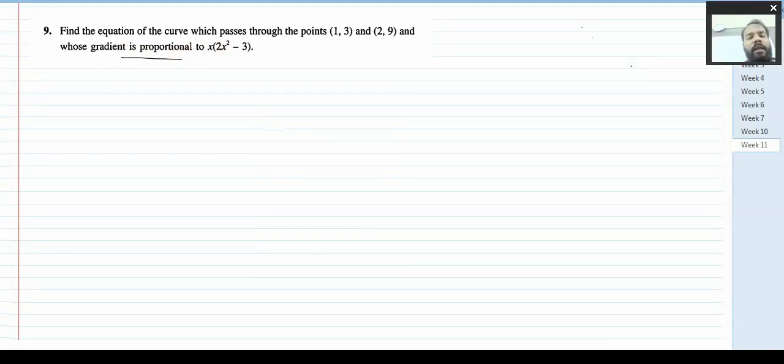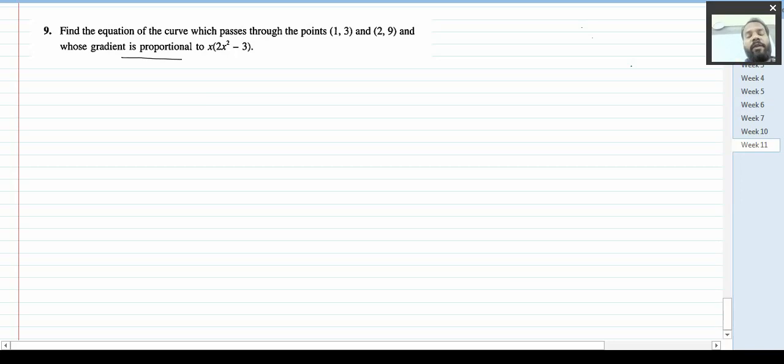Now in this question, first I'm going to write down the condition. It says that gradient is proportional to x into 2x square minus 3. What is gradient? Gradient is dy over dx. What is the sign of proportionality? We had studied it in the last class, in class 10, in which we talked about the topic of direct or inverse variation.